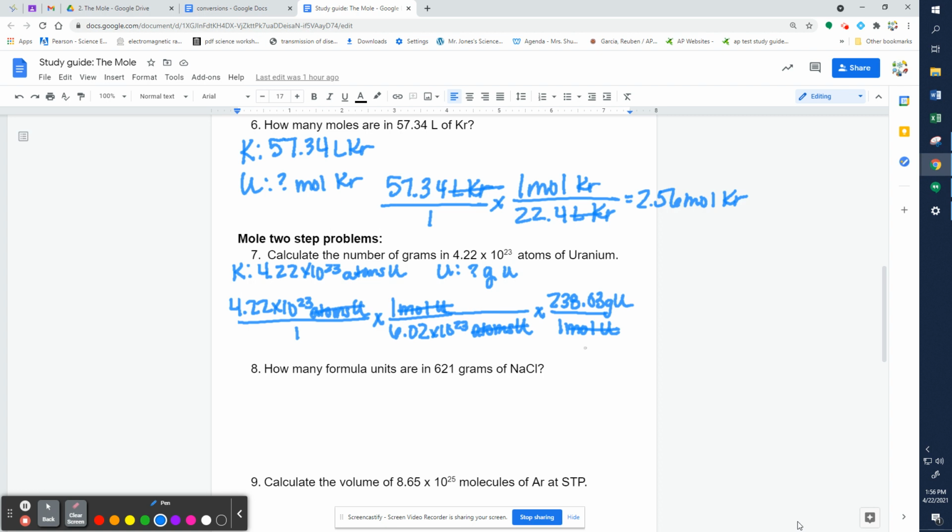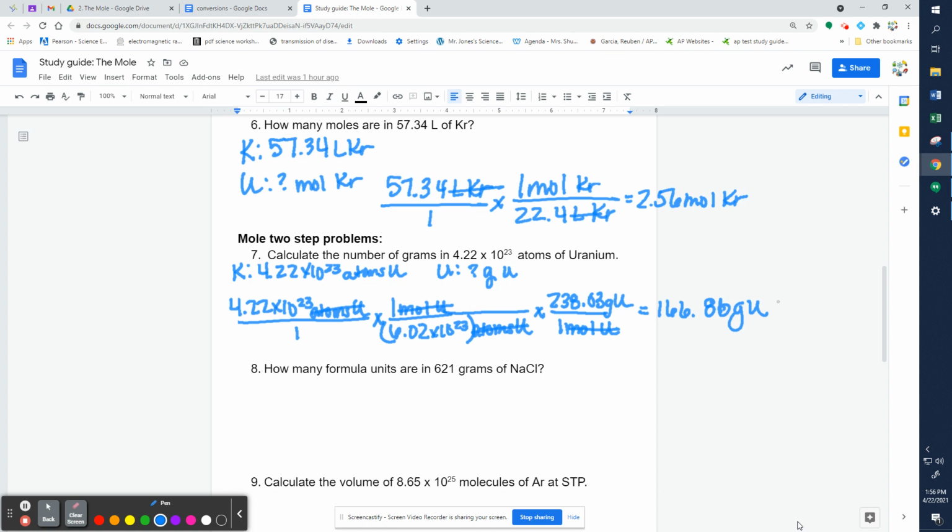Then I'm going to do my math. Remember, you need to put parentheses here in your calculator, or else you will not get the correct answer. When you take all of that math and do it, you're going to get an answer of 166.86 grams of uranium.